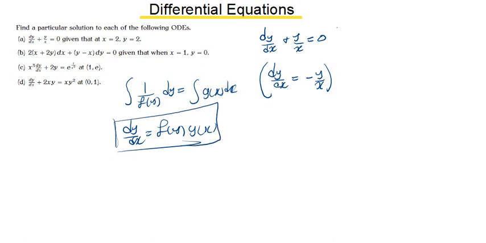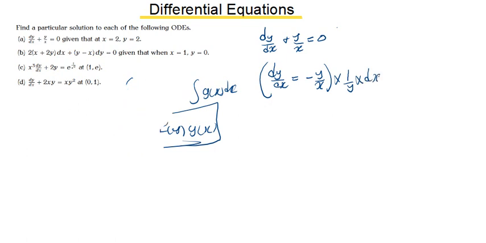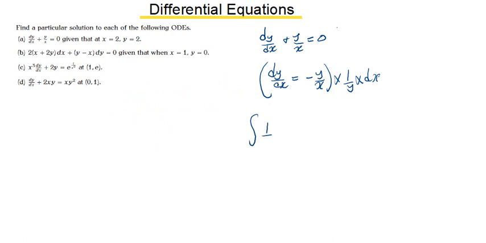So what I'm going to do here is multiply both sides by 1 over y, and also multiply both sides by dx. What are we going to have? If you multiply both sides by 1 over y, you get the integral of 1 over y dy equals, multiplying both sides by dx, minus the integral of 1 over x dx.